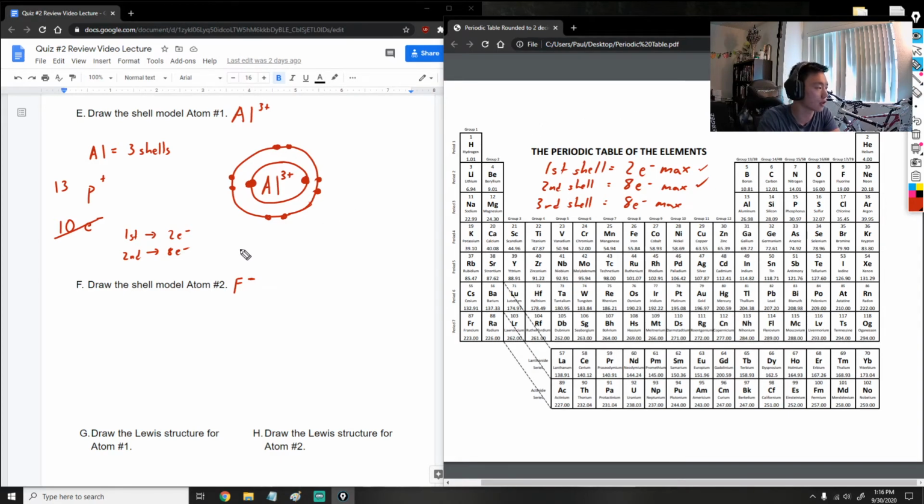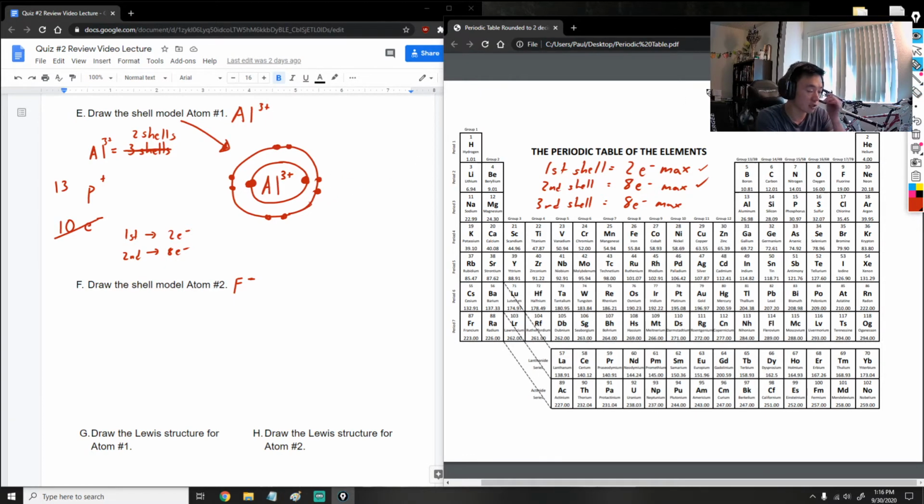It's not a real thing. That means Al3+ doesn't have 3 shells, it has 2 shells. And since Al3+ has 2 shells, this is going to be our shell model.